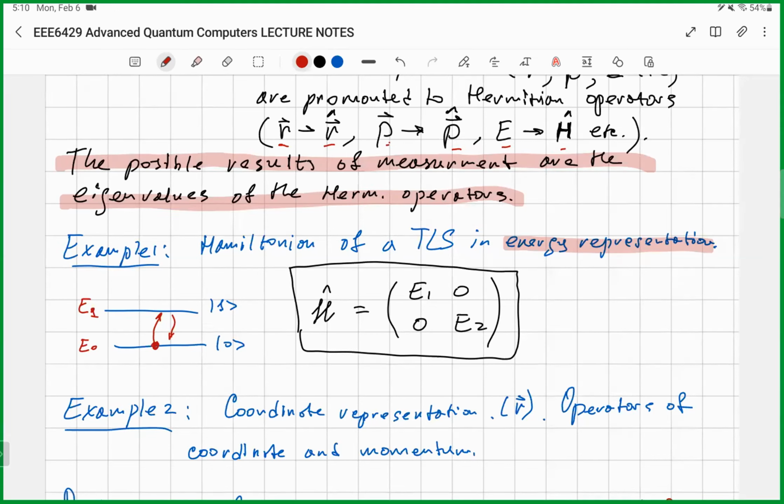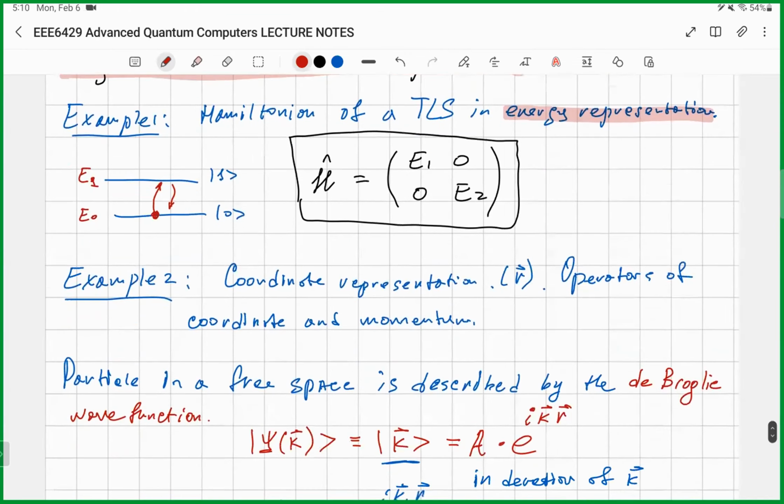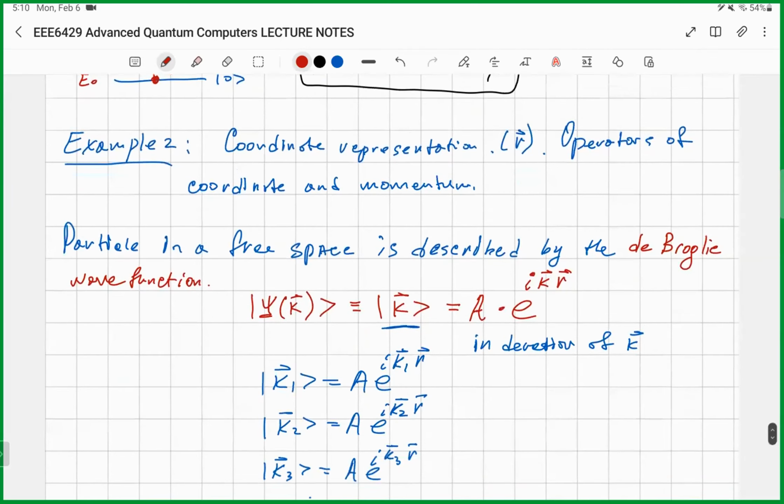Like if I measure energy, then what I can get as a result in the experiment will be an eigenvalue of the Hamiltonian. If I measure the momentum, I will get an eigenvalue of the operator of momentum, etc.